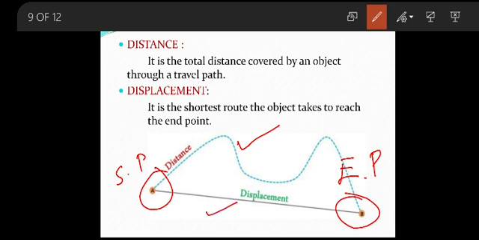There are two paths, but the shortest route from the starting point to the ending point is my displacement. The total distance covered from the starting till the ending point will be the distance.